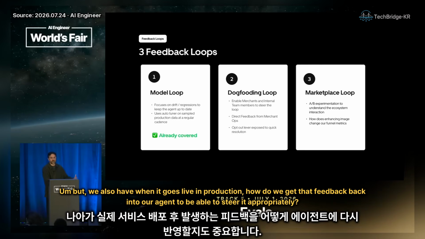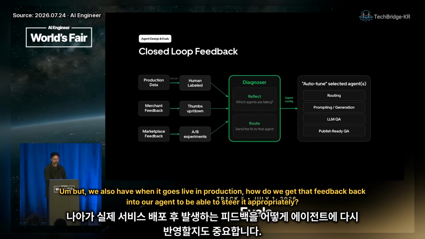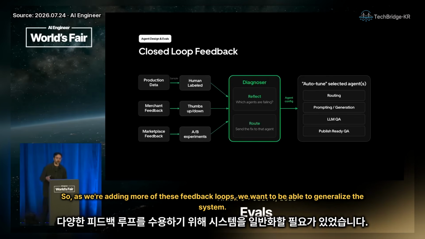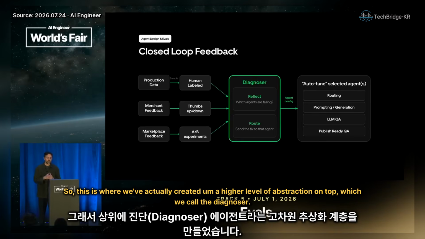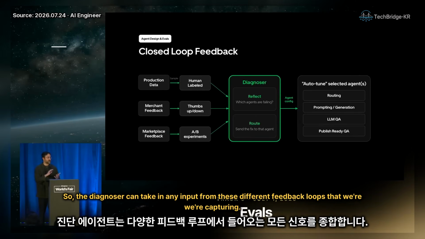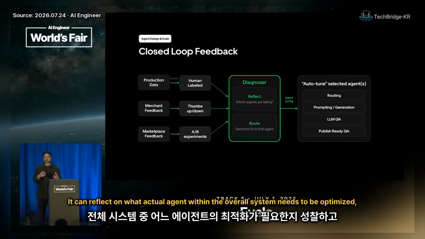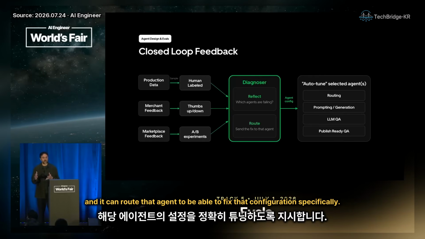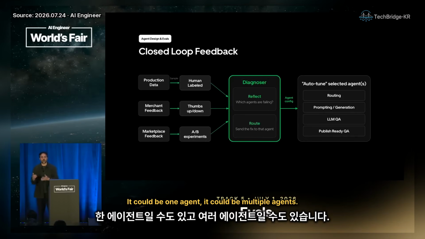How do we get that feedback back into our agent to steer it appropriately? As we add more feedback loops, we want to generalize the system. So we've created a higher level of abstraction on top, which we call the Diagnoser. The Diagnoser can take in input from any of these feedback loops, reflect on which agent within the overall system needs to be optimized, and route to that agent to fix its configuration specifically. It could be one agent, or multiple agents.